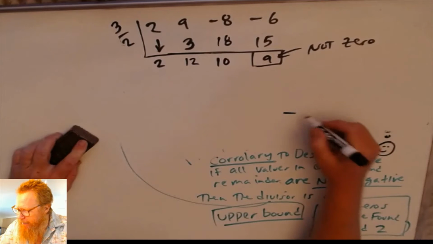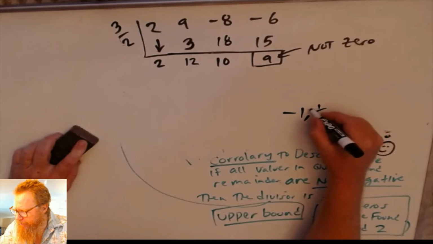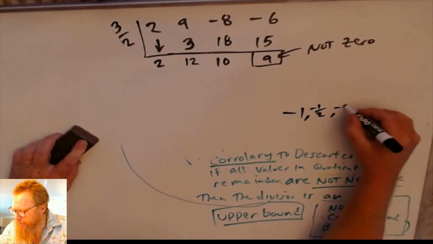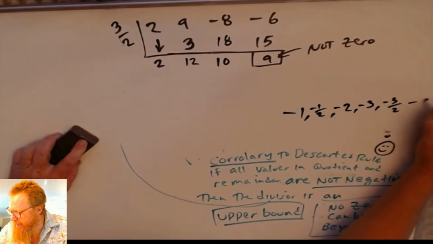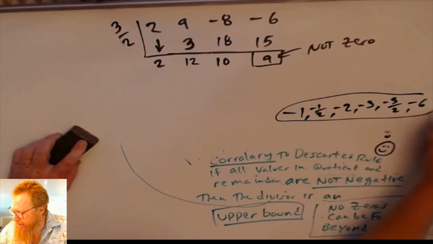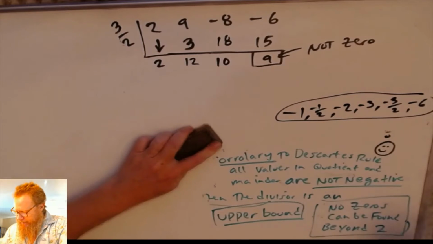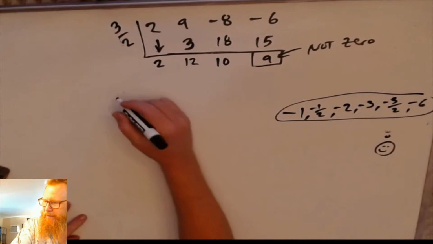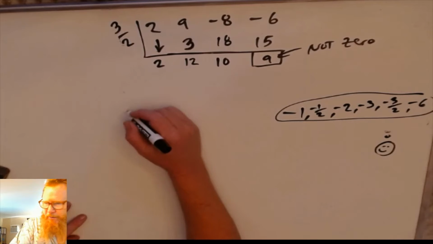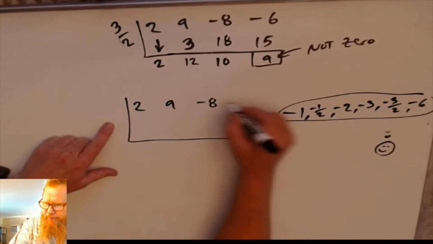So now my list is only negatives: negative 1, negative a half, negative 2, negative 3, negative 3 halves, and negative 6. So now I have a smaller list. Now I'm going to try some negative numbers. I'm not going to try any more positives.